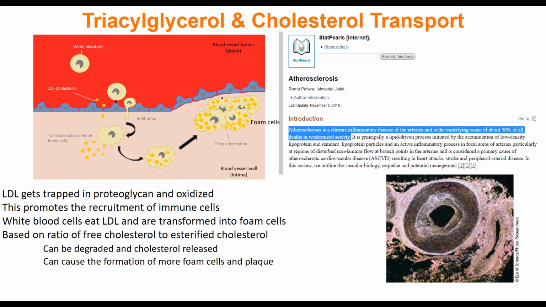The reason they die is that they eat too much fat and cholesterol, which overwhelms the cell. So other white blood cells will come and try to eat all the fat and cholesterol that's still stuck there because the first white blood cell didn't take care of it. Then those white blood cells become foam cells and they die.